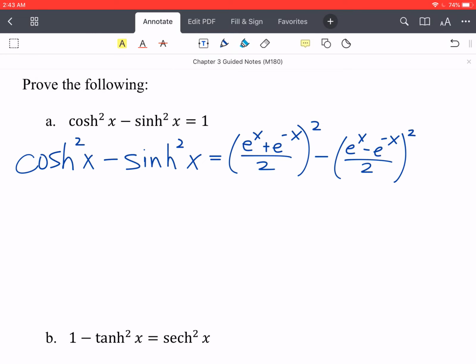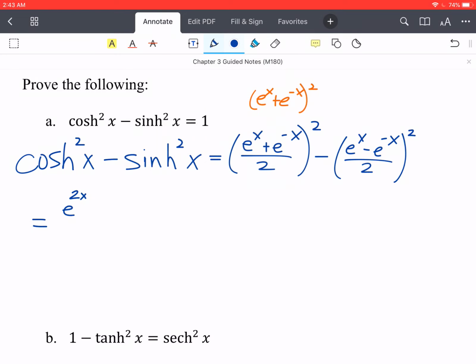If you FOIL these out, so you take e to the x plus e to the negative x squared, you end up getting e to the 2x plus 2 plus e to the negative 2x all over 4.